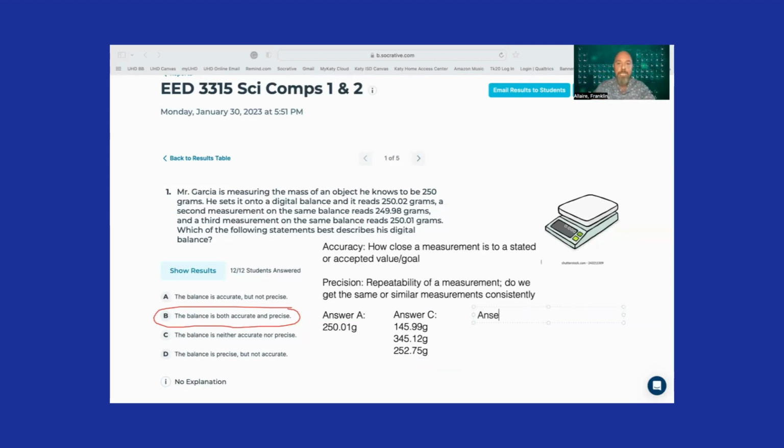Finally, with answer D, the balance is precise but not accurate. This might be something like, again, we measure it and it says 145.99, we get 145.98, and we get 146.01 grams. Okay, so this is not accurate.